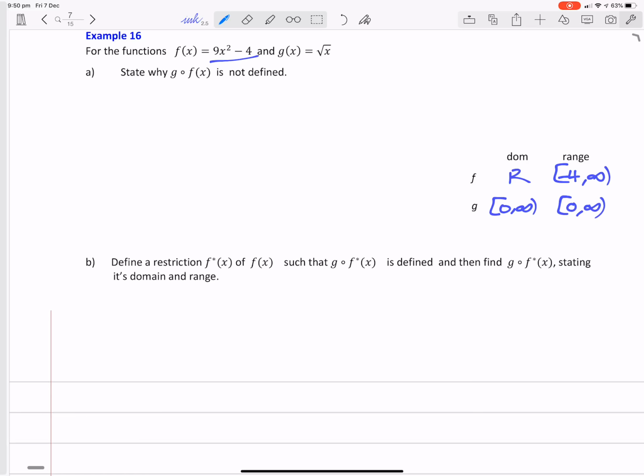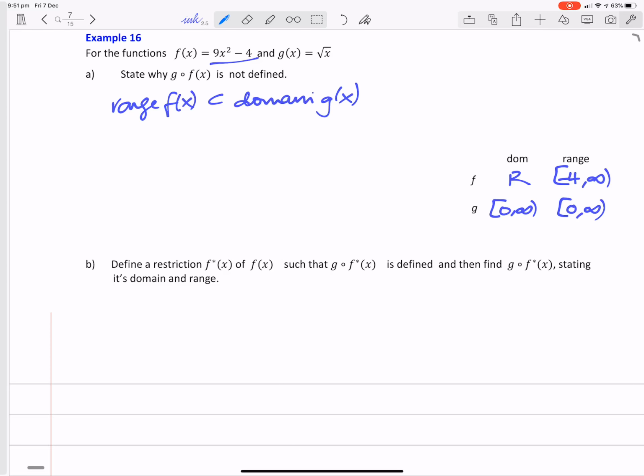So why is g of f not defined? So let's see, is the range of f of x a subset of the domain of g of x? The range of f of x is -4 to infinity. Is that a subset of the domain of g of x?